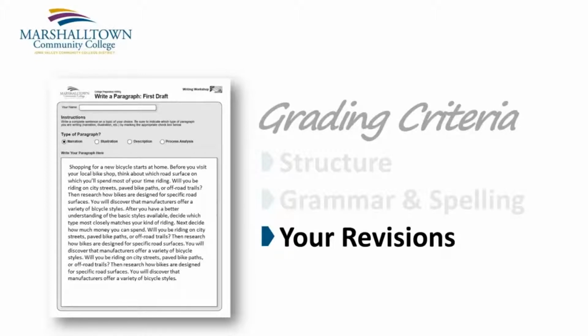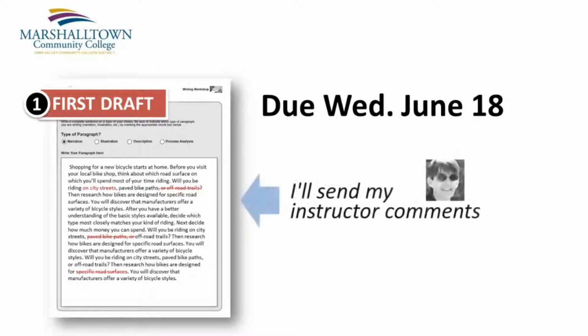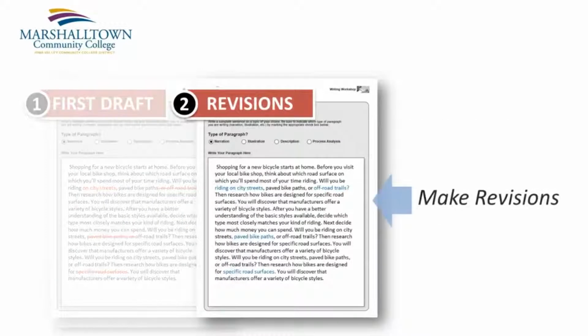Of course, that means I'll need to see a rough draft of your paragraph before you submit your final assignment to me. So for this week, here's the schedule I would like you to follow. 1. Submit a rough draft of your paragraph to me on or before Wednesday, June 18. After I receive your rough draft, I'll send you my comments and suggestions. 2.